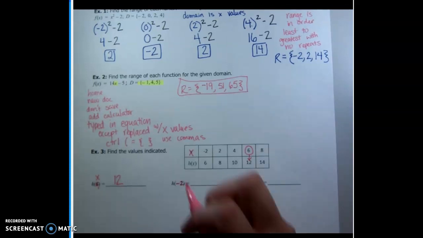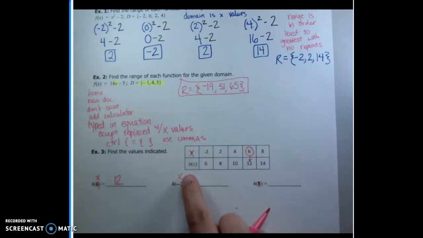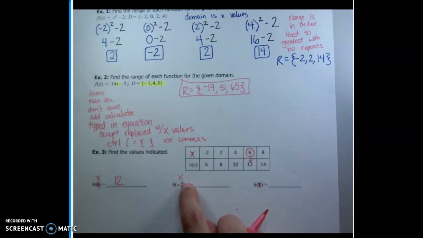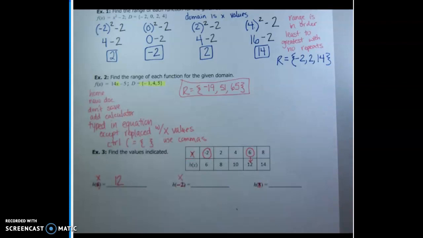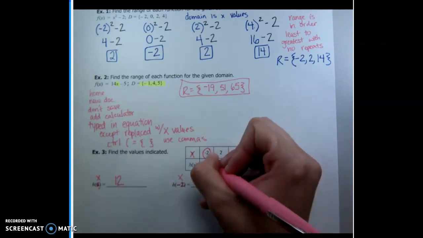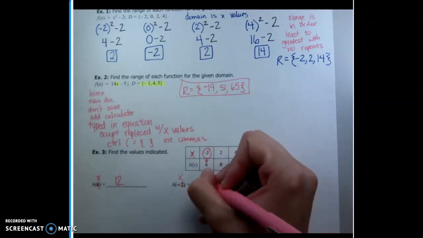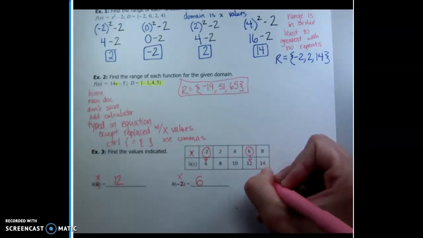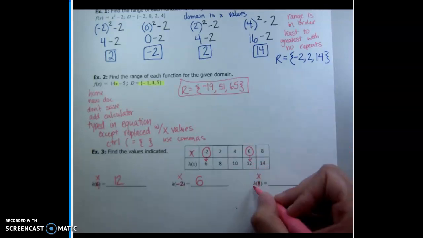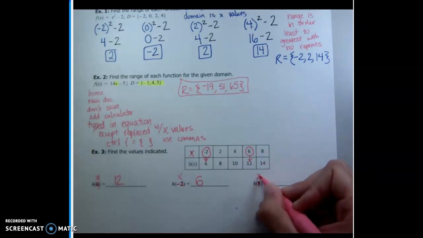h of -2. When x equals -2, the y value is 6, or the output is 6. So h of 8, that's when x equals 8.